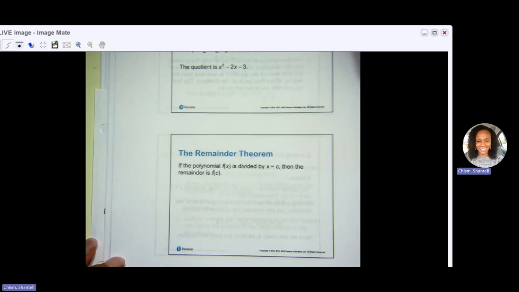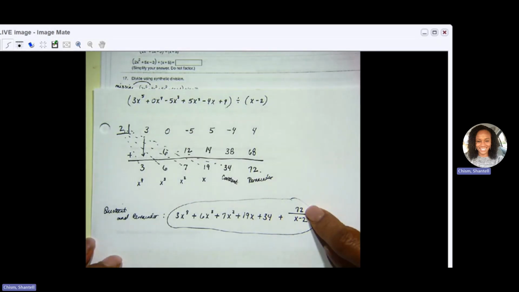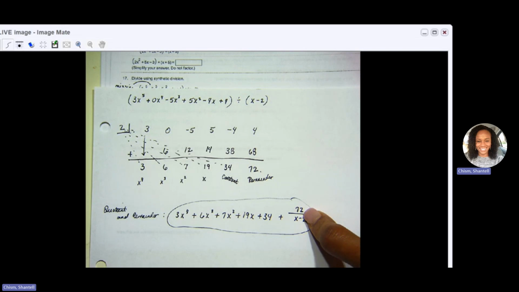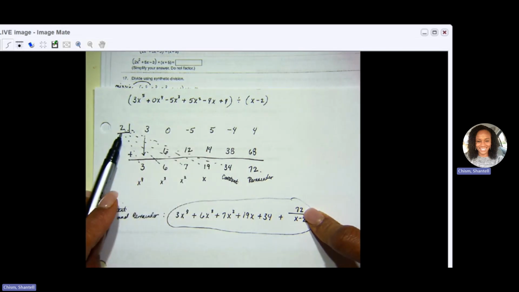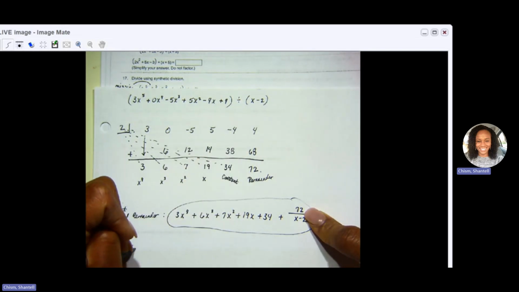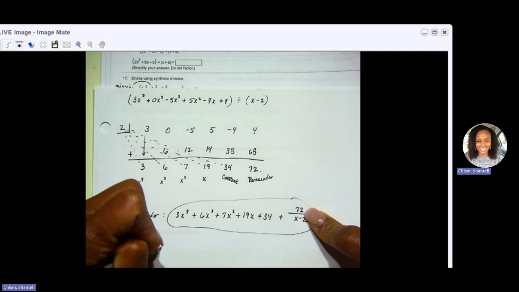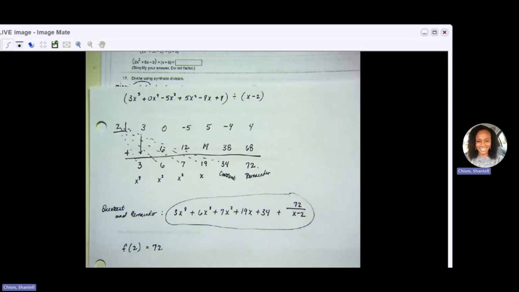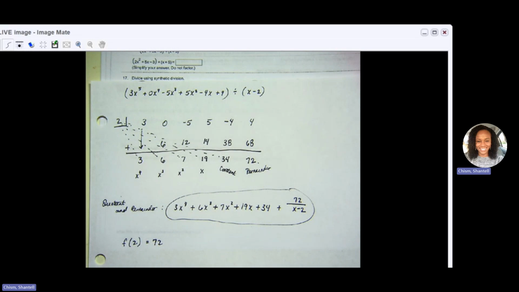So in other words, if we were looking at this particular problem here, that 72 would actually be equal to this polynomial evaluated at 2. So f at 2 would equal 72. That's what the remainder theorem says.